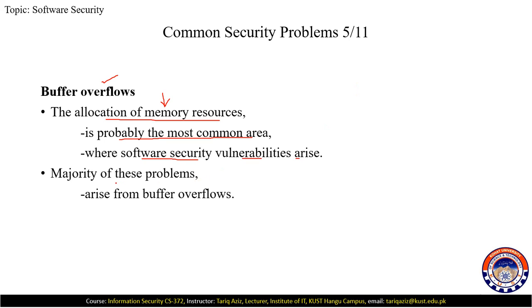So, the majority of these problems arise from buffer overflows. Because if we have vulnerabilities with respect to memory resources, then definitely a hacker can take benefit from buffer overflow, and consequently he can insert malicious code into the memory areas and fulfill his intentions.